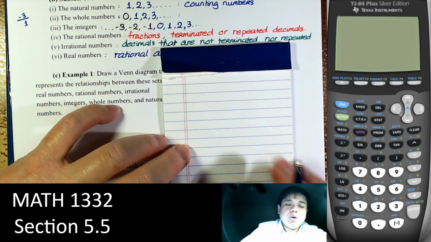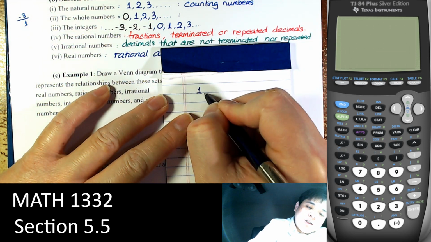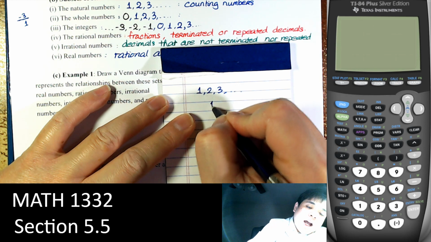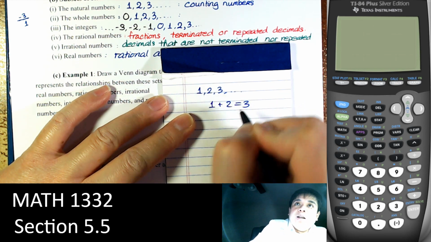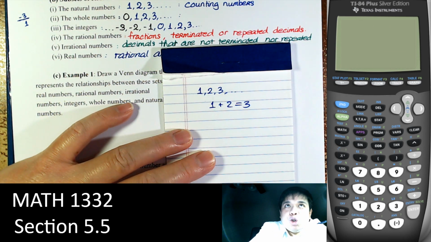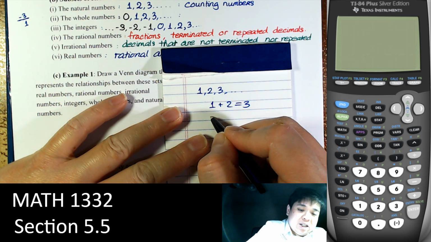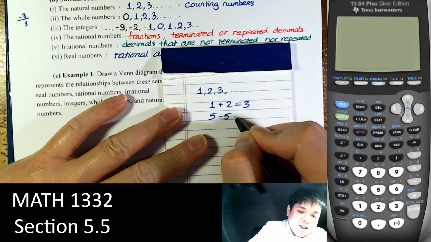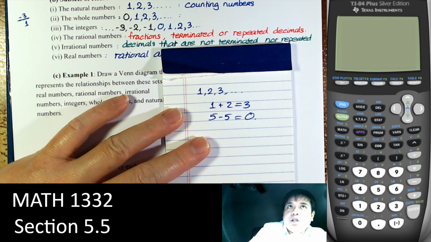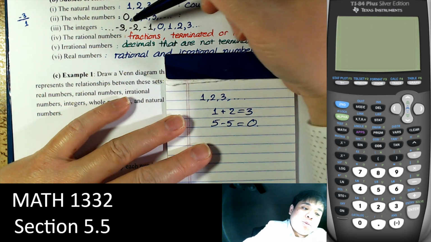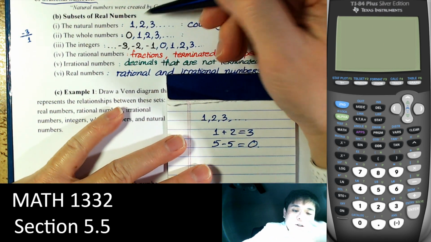So originally we just have the counting numbers, and if we add them, it is still a counting number, so that's good. Now if we start to subtract, there's a number 0. Number 0 is not a natural number, so we have to add to it to have the whole numbers.